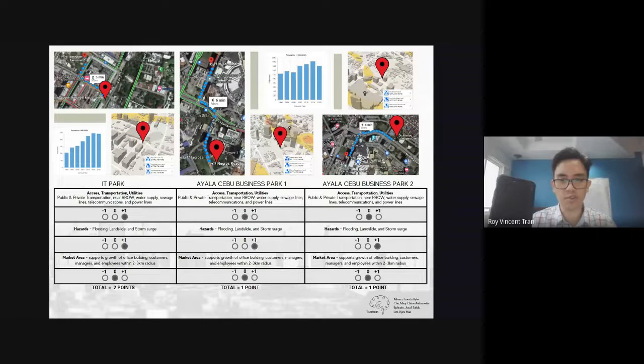So the next group to present now is Sige, Alburo, Servacio, and Misa. What is your group name?